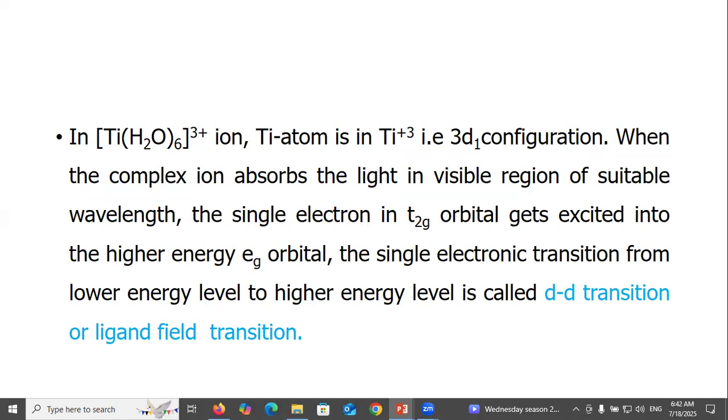When the complex ion absorbs light in the visible region of suitable wavelength, the single electron in the t2g orbital gets excited into the higher energy eg orbital. This electronic transition from lower energy level to higher energy level is called d-d transition or ligand field transition.